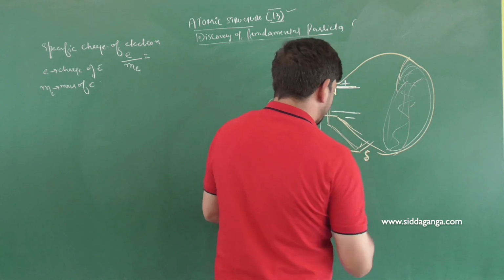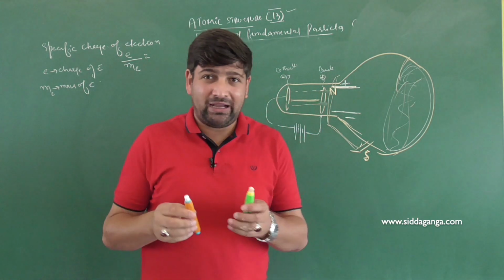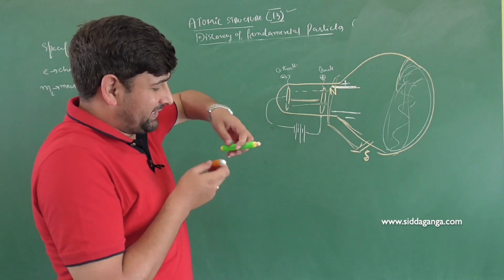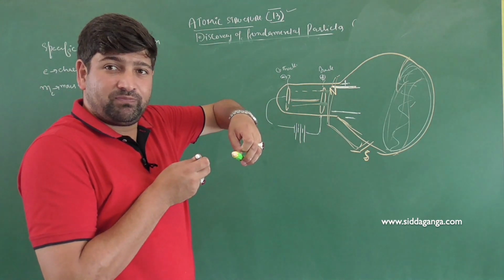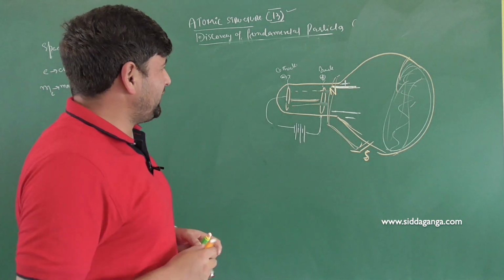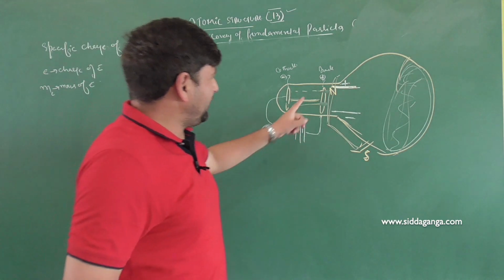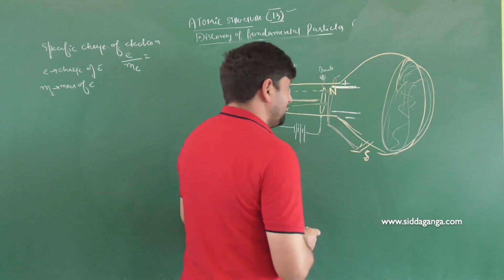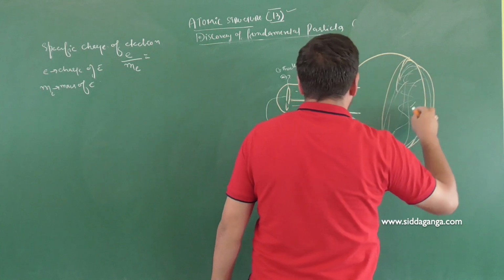You can see the diagram. The electric and magnetic fields were kept mutually perpendicular, this way the electric field and this way the magnetic field. And it was carefully observed what would happen to the particles, because at the back of it we have the fluorescent screen.